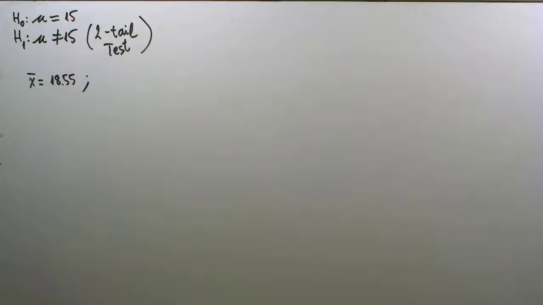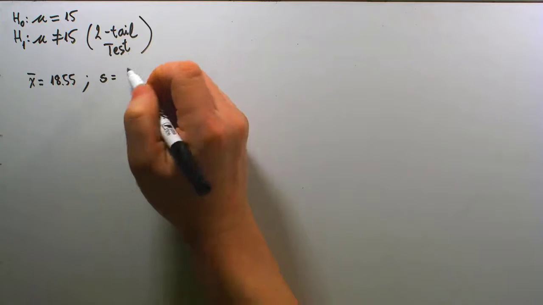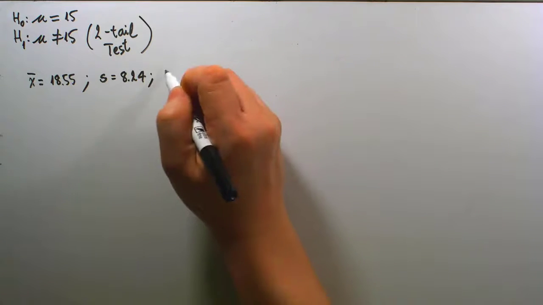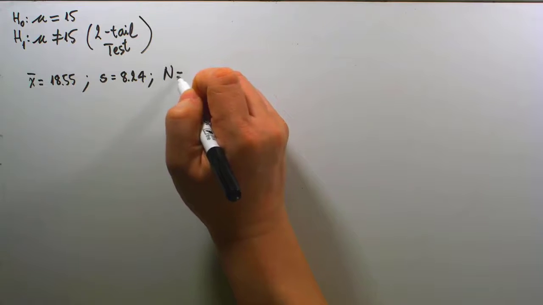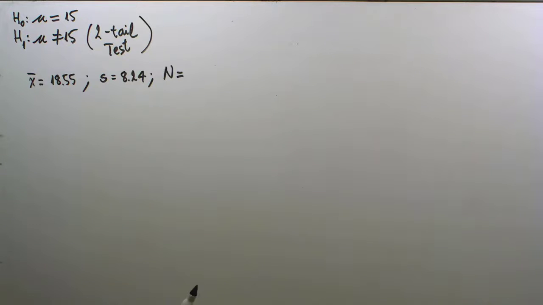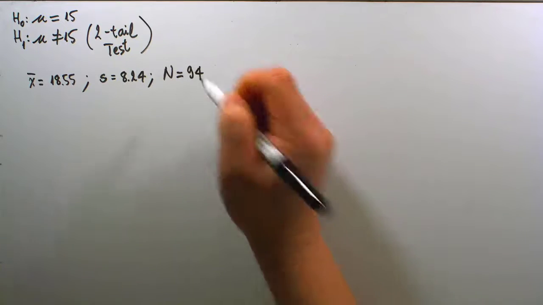And that means now I have lowercase s to be 8.24. And the sample we're using here is at sample size 94, because it says right here a sample of 94 people gave the following information. And so in that way, sample size n equals 94 for our sample.